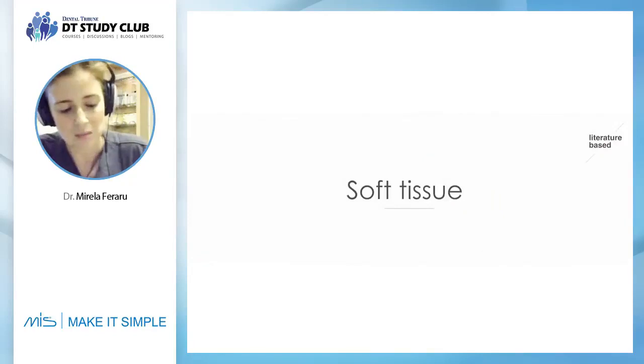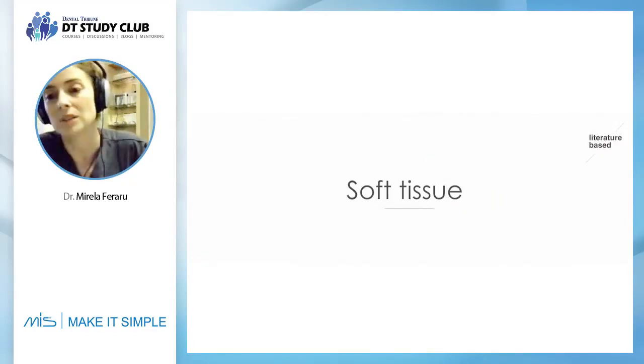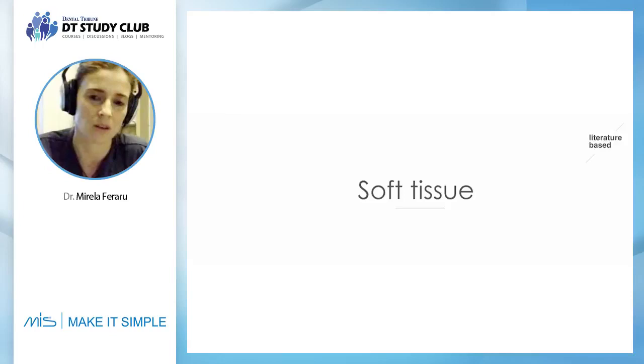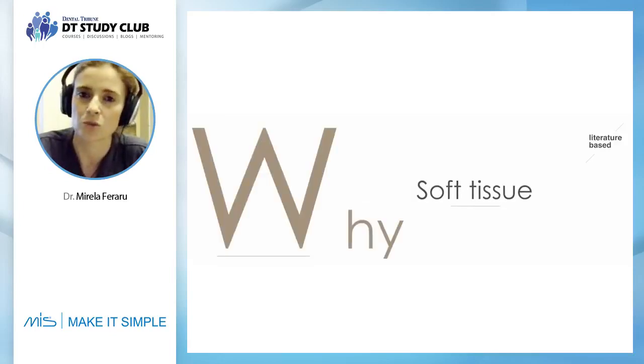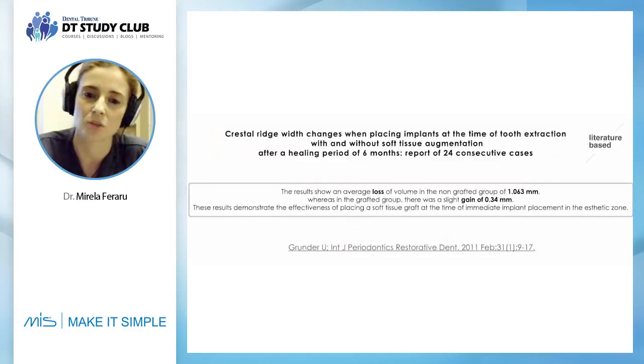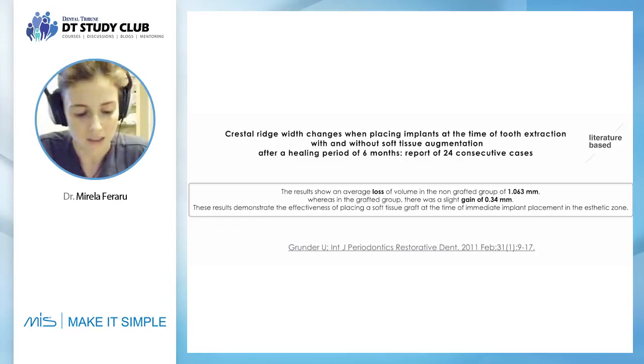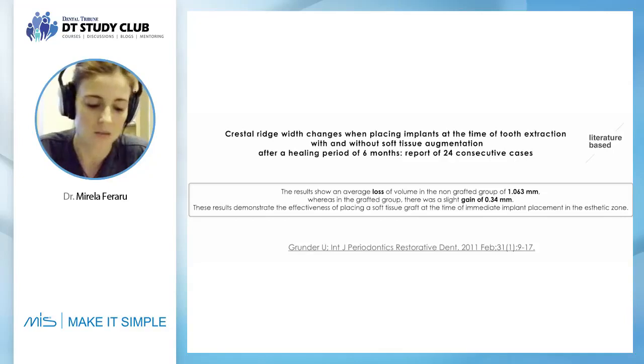So when we discuss soft tissues, the most common question that could arise would be, why should we graft? Why do we need a certain amount of volume, especially when we talk about soft tissues? As Uli Grunder already published in 2011, although it was a limited time period, only 6 months, because in a longer period of time, when we know that soft tissue complete maturation takes at least 1 year, he would maybe have found an even better result.